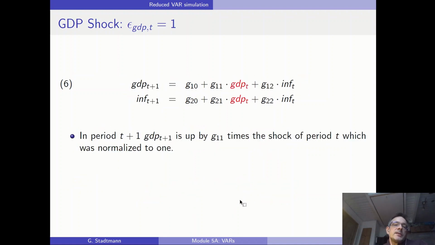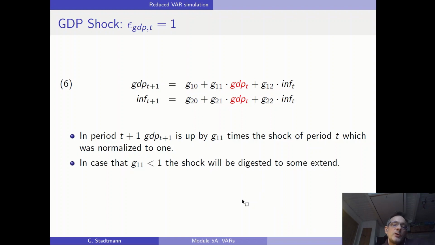So in period t plus 1, GDP in t plus 1 is up by G11 units, because it is G11 times the shock of period t, but we normalize the shock to the level of 1, and therefore GDP in period t plus 1 will be up by G11.